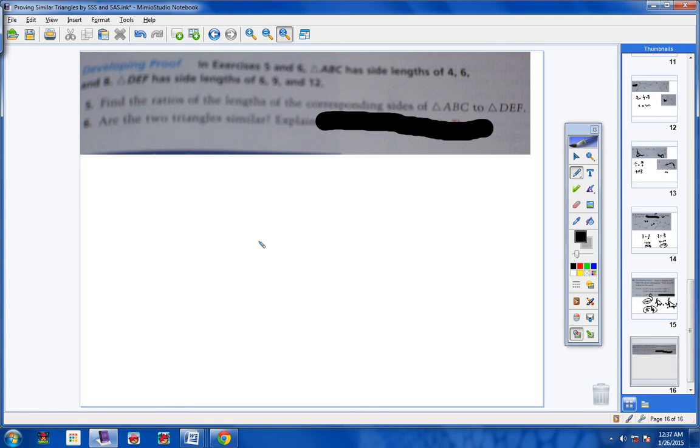Alright, lastly, it's hard to read, but you have a book there in front of you. Find the ratios of the lengths of the corresponding sides of triangle ABC to DEF, okay? So ABC has lengths of 4, 6, and 8. And triangle DEF has lengths of 6, 9, and 12.